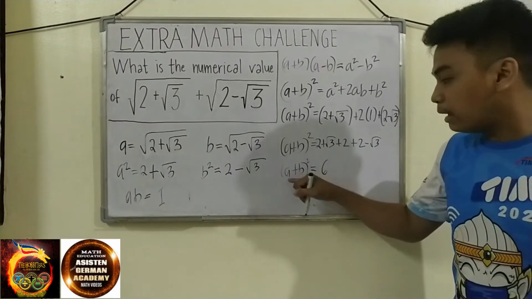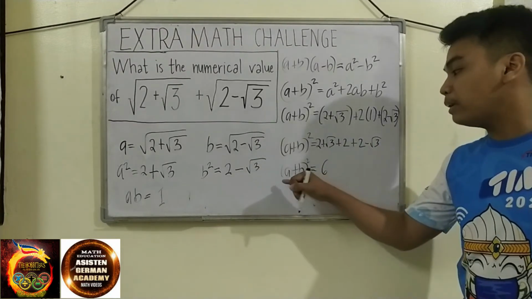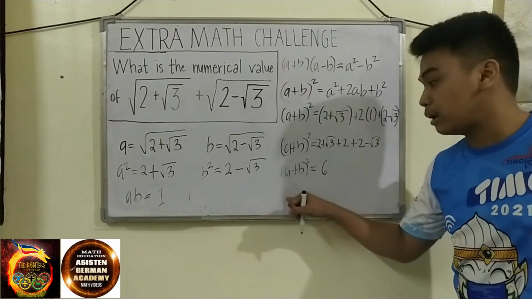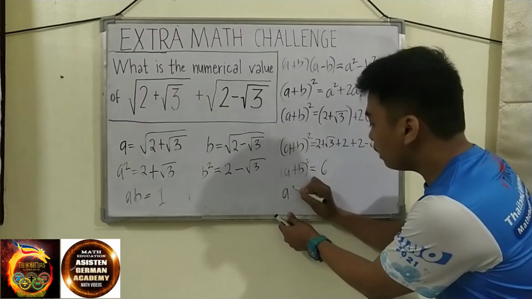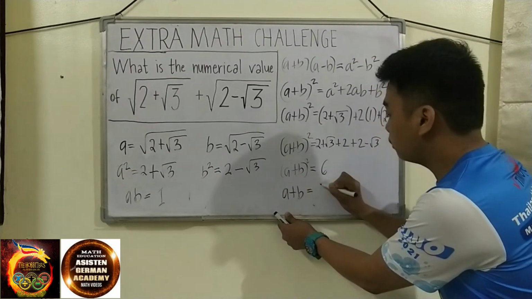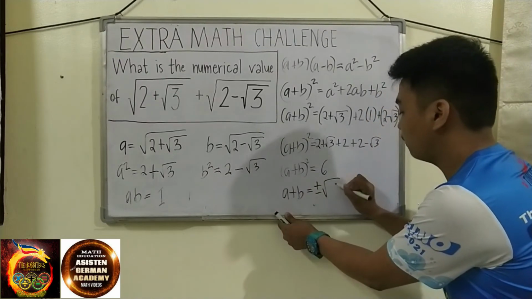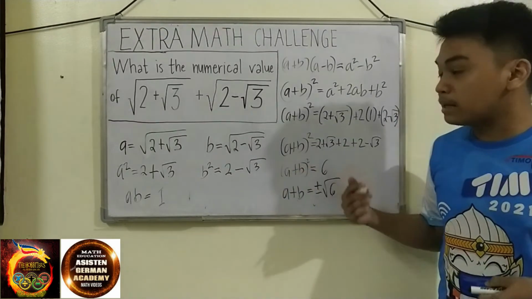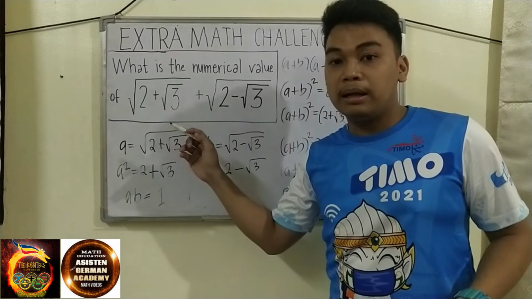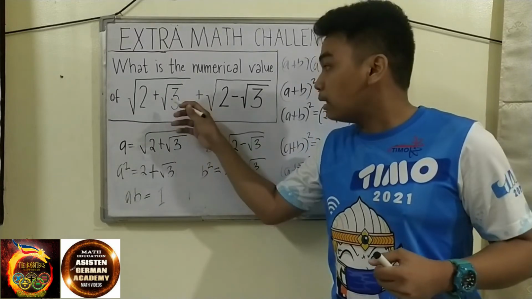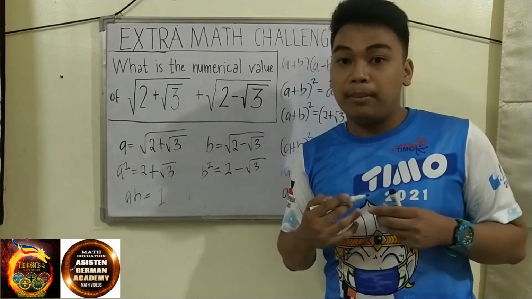And to get the value of A plus B, we are going to take the square root of this expression, the square root of 6. So we have A plus B is equal to positive or negative square root of 6. But since, let's go back to the problem, 2 plus square root of 3 is a positive number.